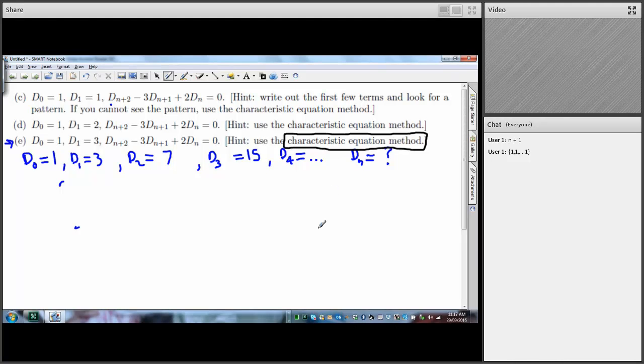The methods I've taught in lectures, there are two different ones I've considered. One is the generating function method, which I won't show you today, and the other one is the characteristic equation method. I think most students will find the characteristic equation method preferable, and as I've mentioned in announcements, I will always give you the choice in assessment items, so you can choose which one you want to pick.